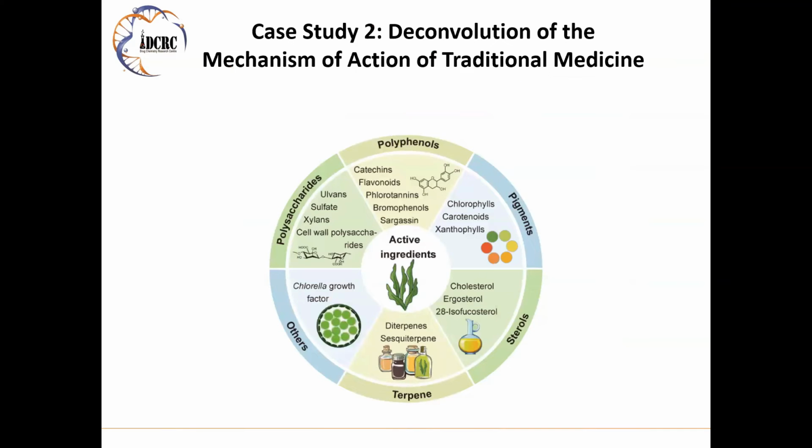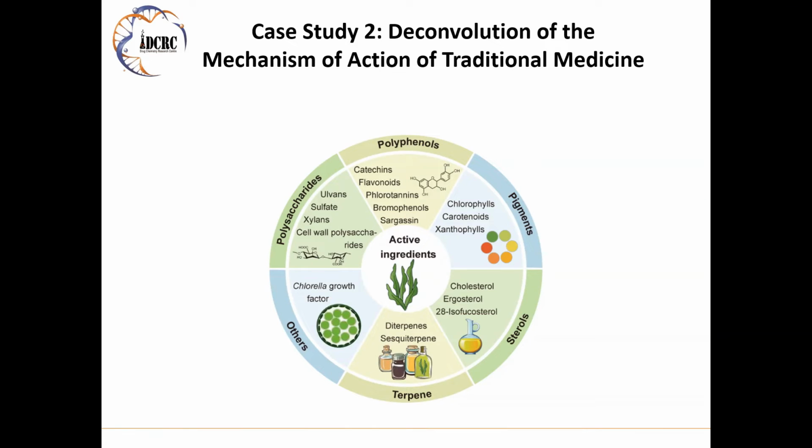Then another case is the study to deconvolute the mechanism of action of traditional medicine. As we know, plants are a collection or cocktail of different kinds of phytoconstituents, which can belong to categories like polyphenols, pigments, sterols, terpenes, others, and polysaccharides.